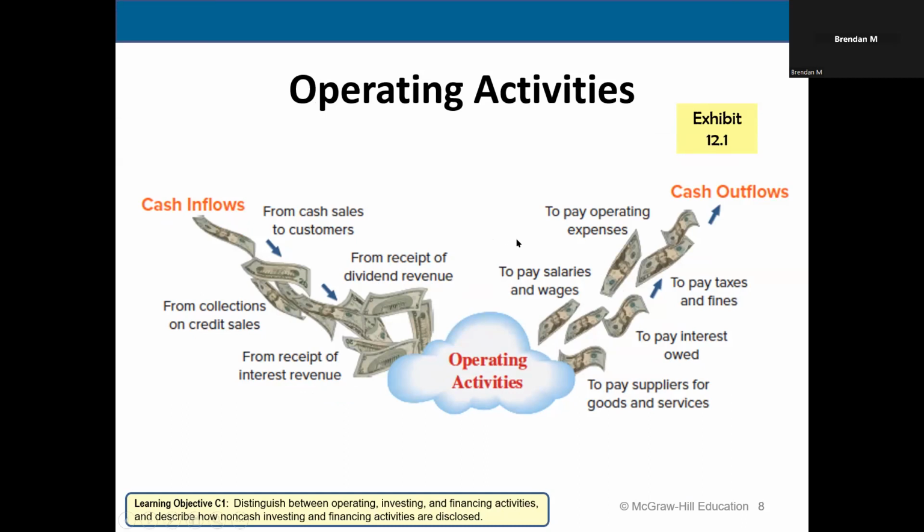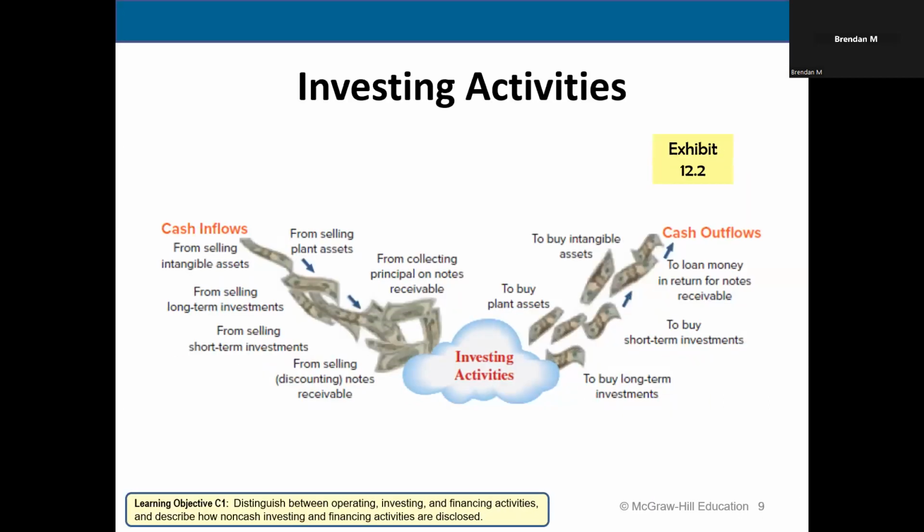Anything that pays operating expenses, salaries and wages, taxes perhaps, rent, insurance, things like that, the normal activities of a business. If a business didn't borrow and had no investments, this would be what the business does. Operating is the normal course of events of the business and the resulting cash flow.